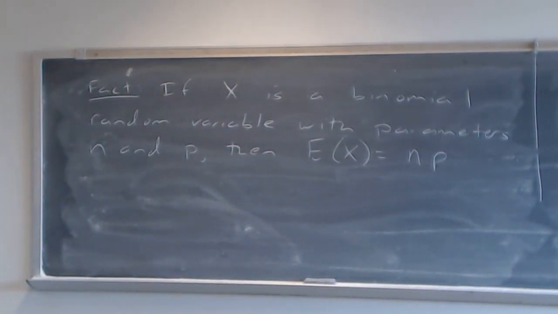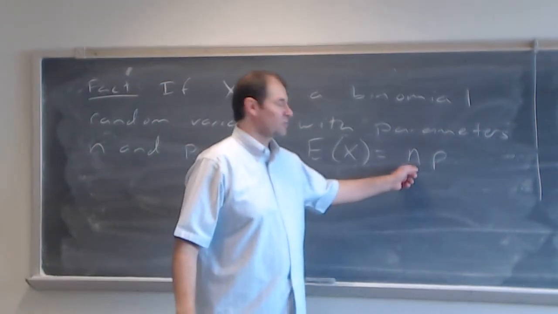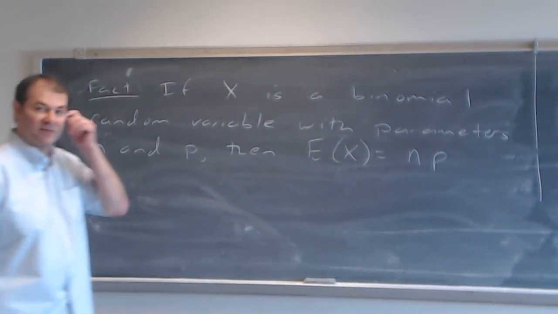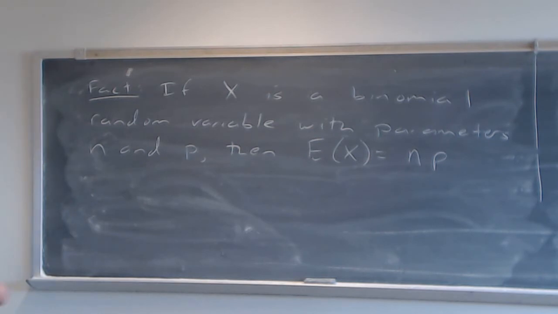Again, for Bernoulli it was just p, so that's when n is equal to 1 for what we're having as a fact for binomials, expected value.